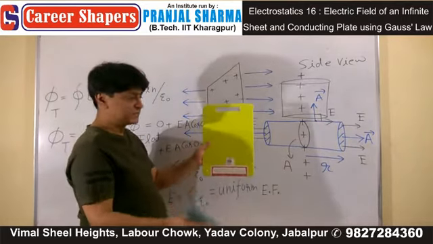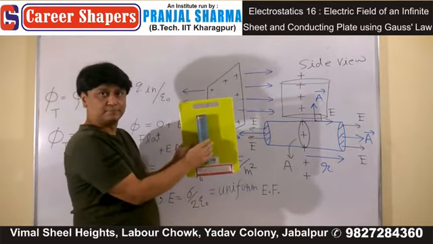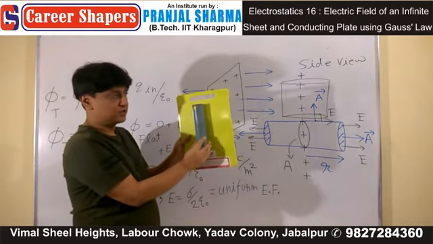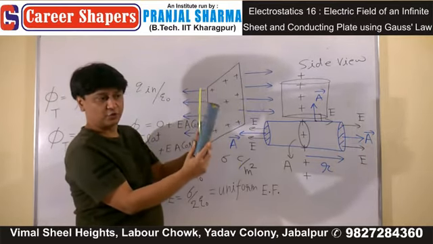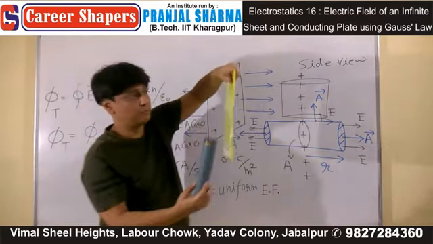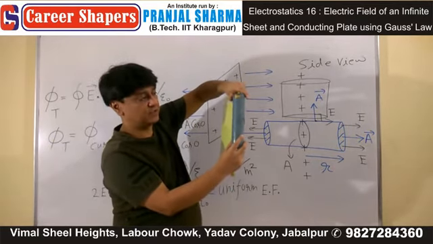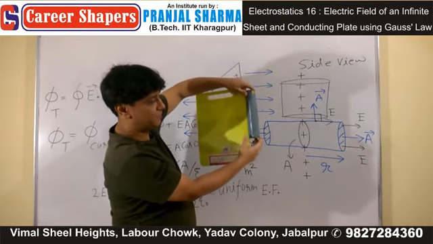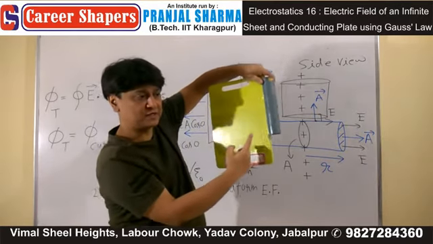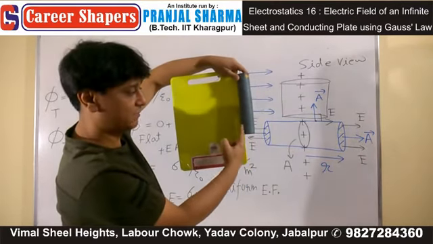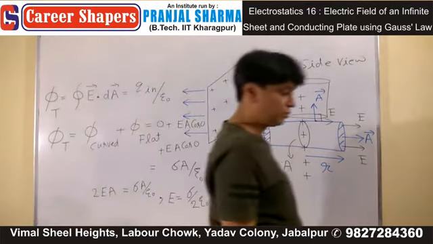You're asking that instead of holding it in this form, one must hold it like this. If somebody holds it like this, then look here. This is the view. You can see the board and the cylinder both. In this case, different points of the cylinder are at different distances. And therefore electric field is not uniform.